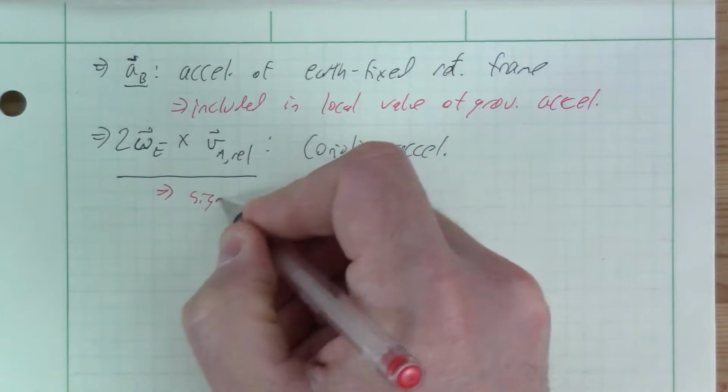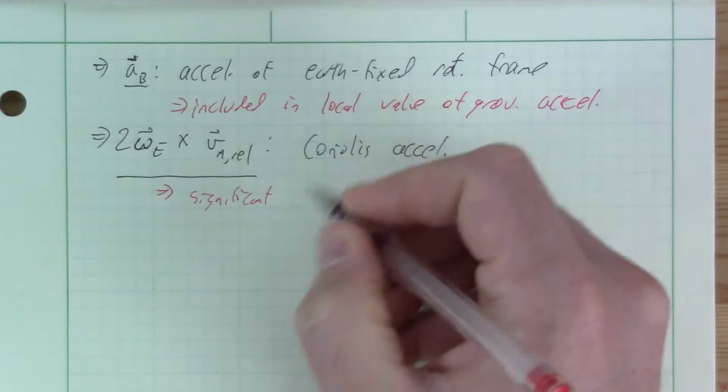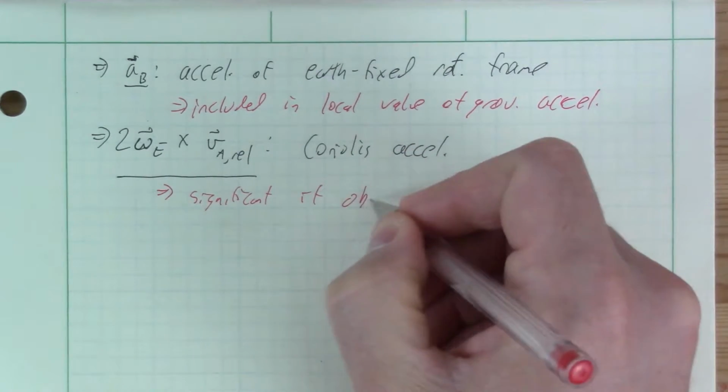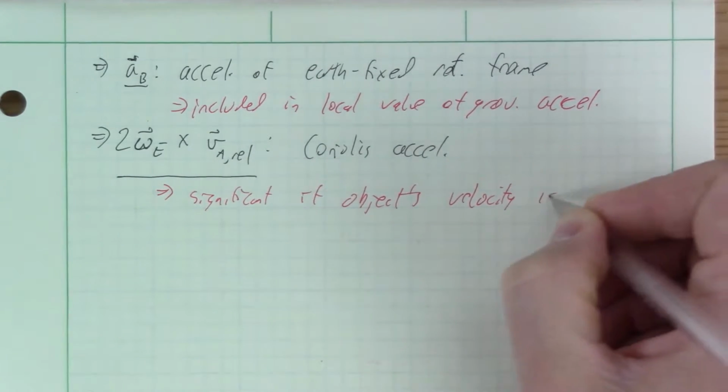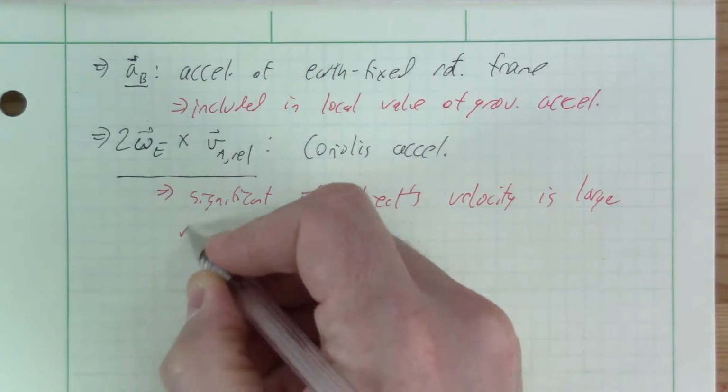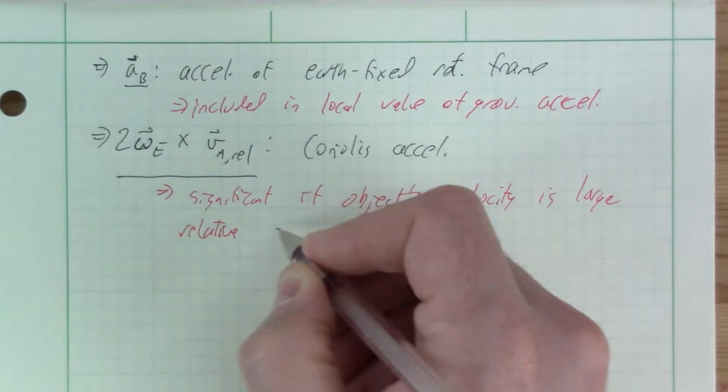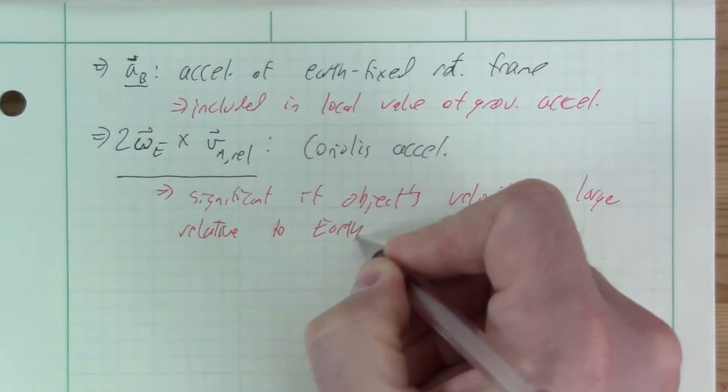Okay, so this is significant, and you do need to consider this term. You can't throw it out if the object's velocity is large relative to the Earth's rotation.